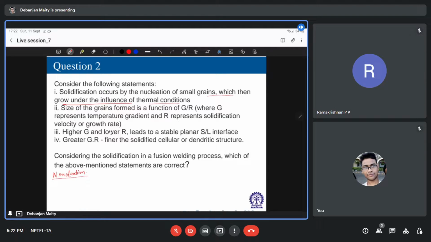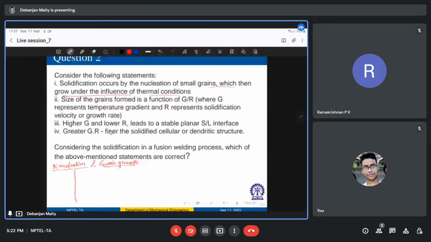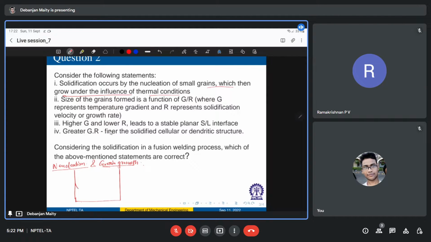Okay. So solidification occurs in two phases: nucleation and grain growth. Anytime you are mixing two metals, if you draw a phase diagram, there will be a zone where all the metals are in the liquid state.